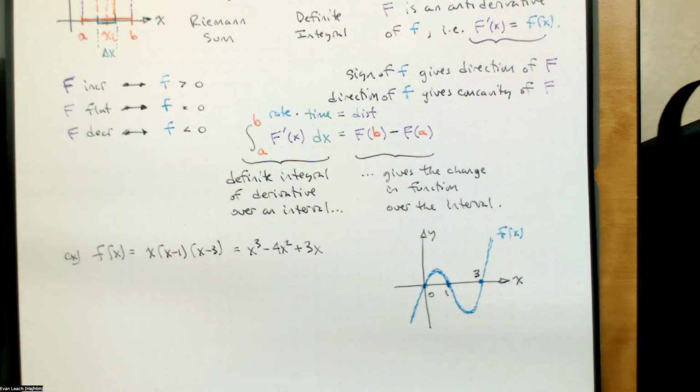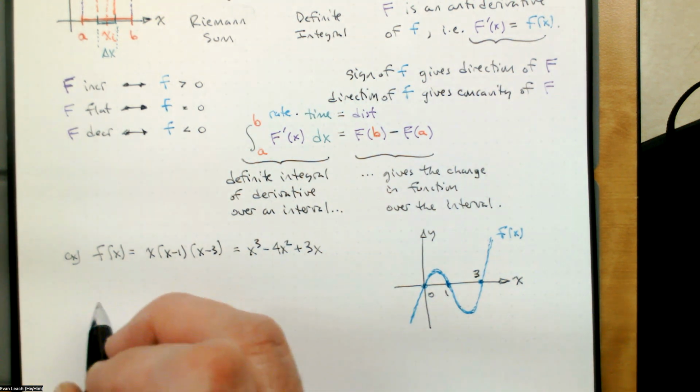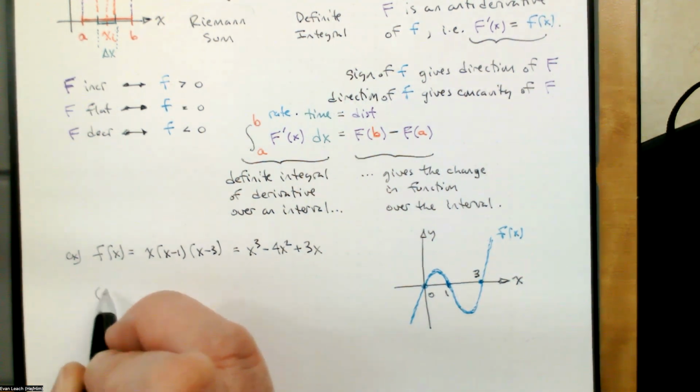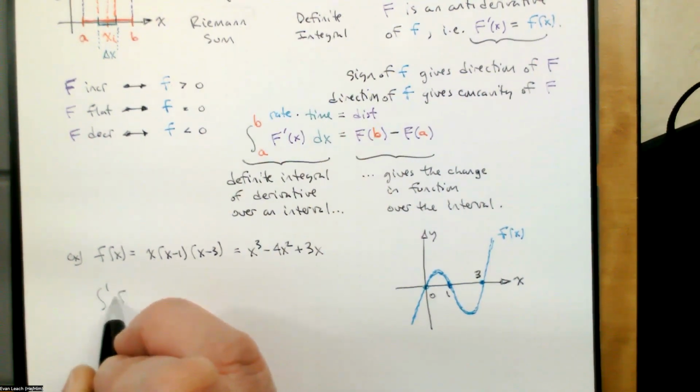So in case you missed it, the exercise was to calculate a couple of definite integrals. So I actually calculate the integral from 0 to 1 of f of x dx.